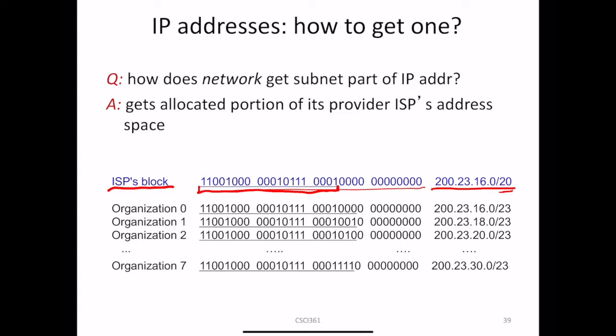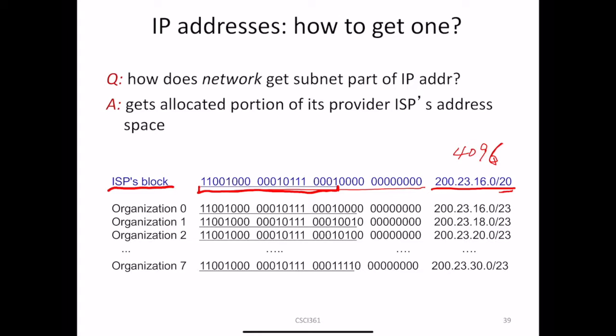That means this block can have 4096 IP addresses available, because from the subnet mask we know the host part has 12 bits.